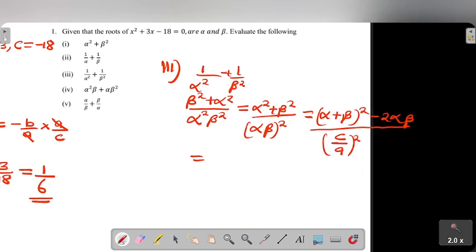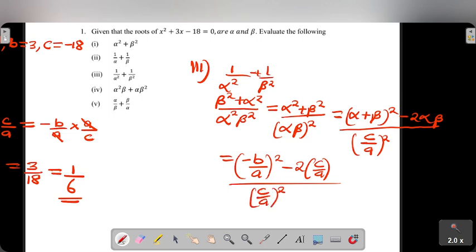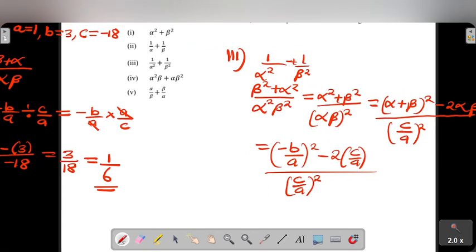Alpha plus beta is negative b over a, and that has to be squared. Then minus 2 times alpha beta, that's c over a. Then here we're going to divide by c over a, and this is squared there. So we need to substitute with the values there.